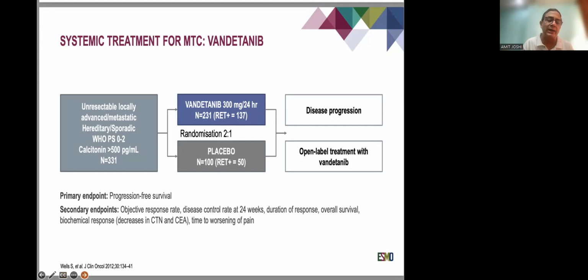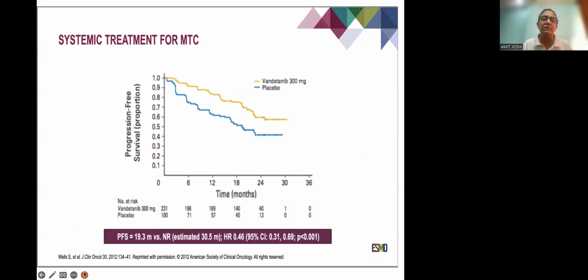That is to prevent bias, and vandetanib was continued till disease progression. The endpoint was progression-free survival, and in patients who received vandetanib in that group, that means metastatic or locally advanced unresectable medullary thyroid cancer, vandetanib benefited in terms of controlling the disease, and the PFS was not reached.